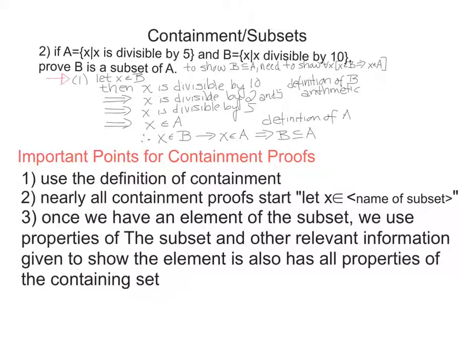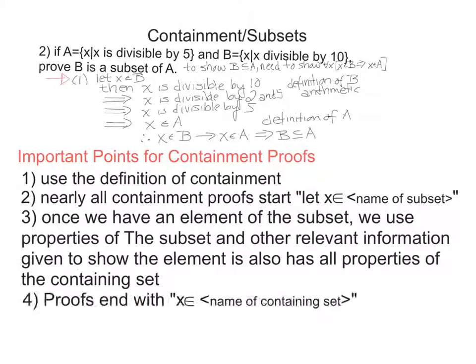So in our example, once we had an element of B, we looked at the properties of an element of B, and then we showed that those properties are enough to make it an element of A. The last point: proofs generally end near the end with X is a member of the name of the containing set. Here that is in our example.